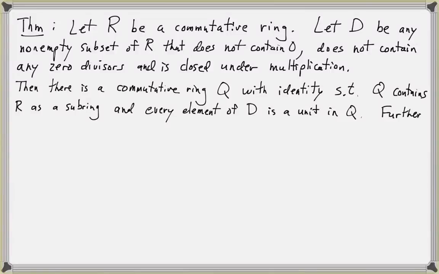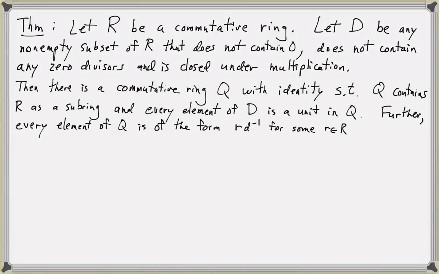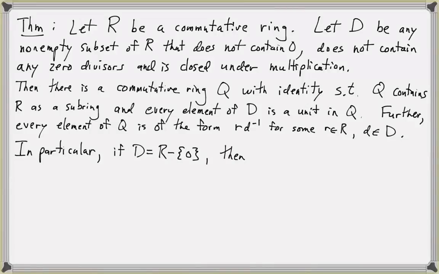Further, every element of Q is of the form r d inverse for some element r in the ring R and d in the set D. So in particular, if D equals everything in R except for 0, then Q will be a field.